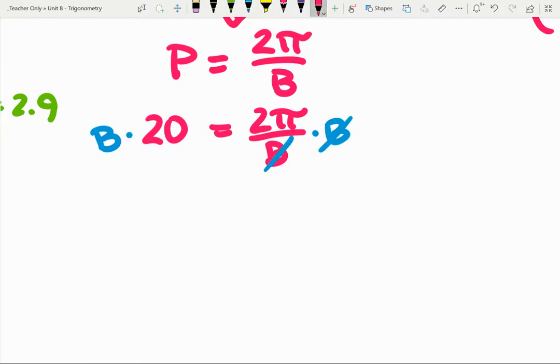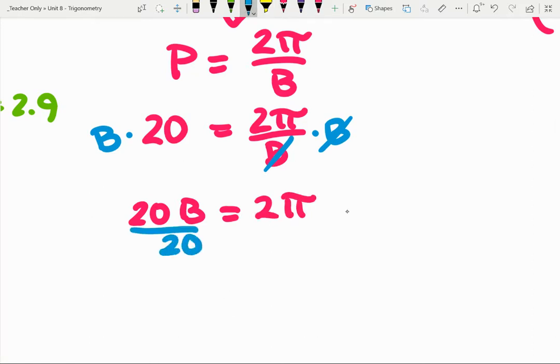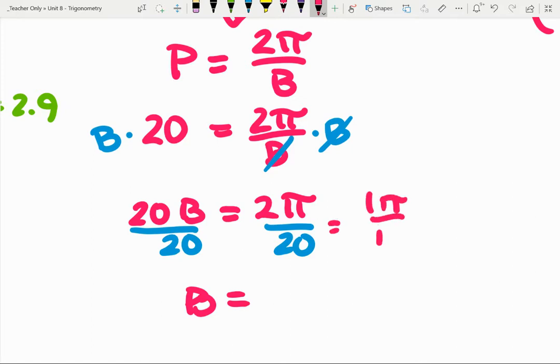So we're going to get 20B is equal to 2 pi. Then when I divide both sides by 20 to isolate B, I'm going to reduce that 2 over 20 to 1 over 10, or 1 pi over 10, which reduces further to pi over 10.